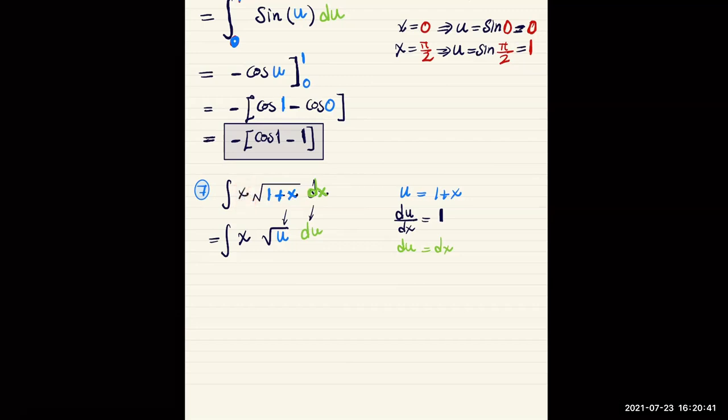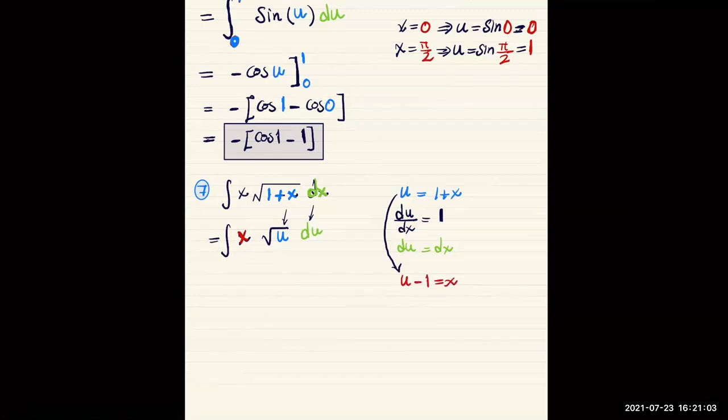Well, I look at the relation between u and x right there. Let's write that in red. It tells me that x is u minus 1.